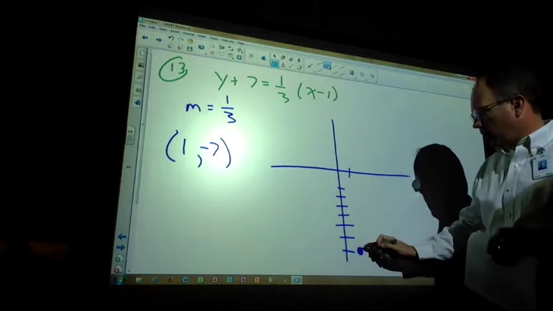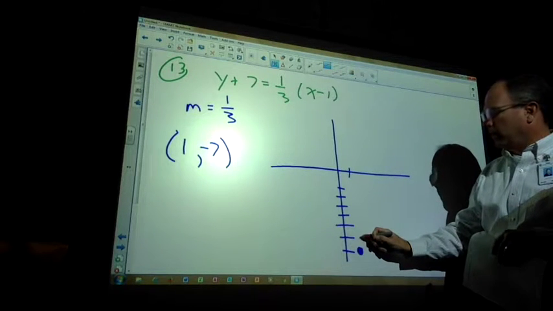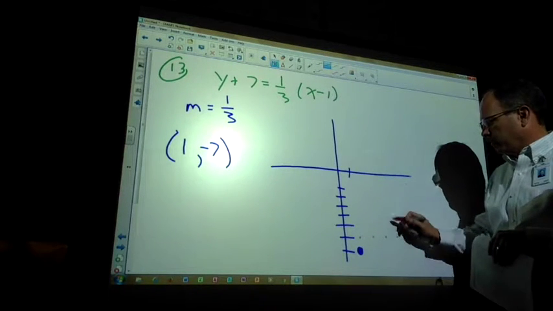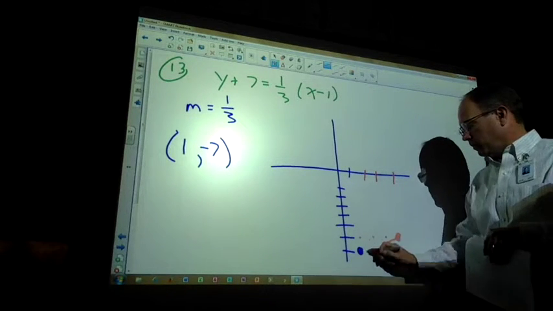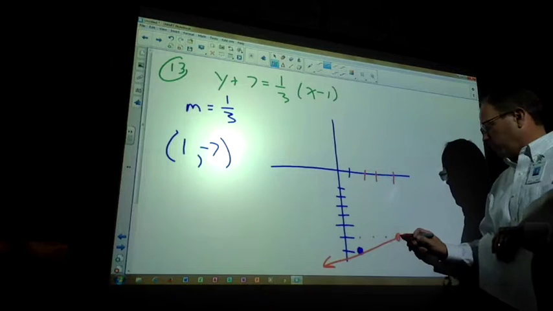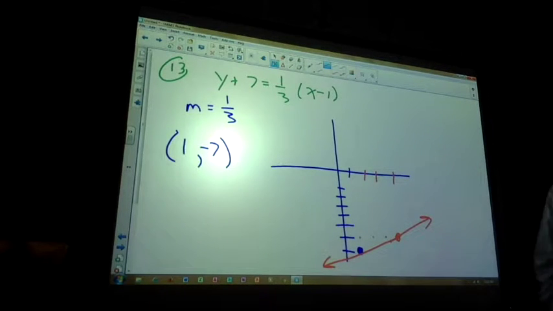From there, I'm going to go up 1 and to the right 3. Done. Good.